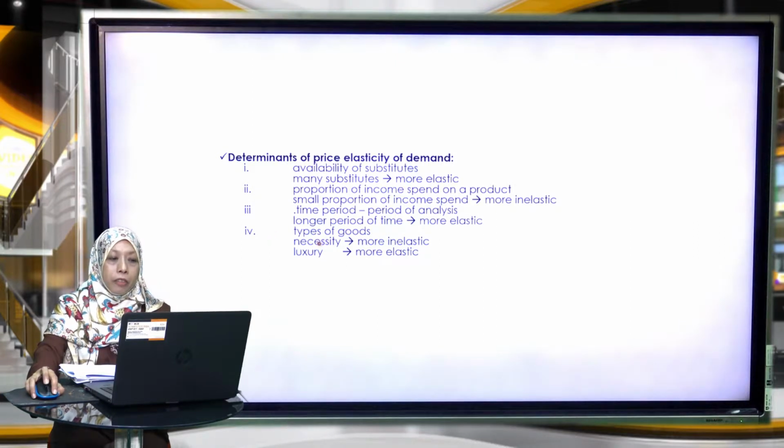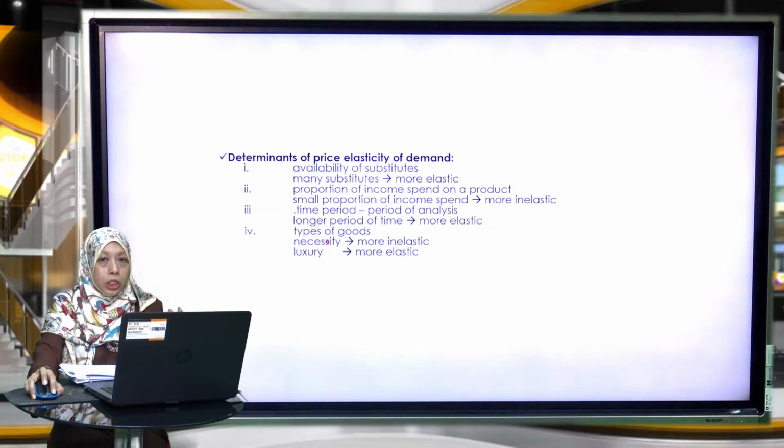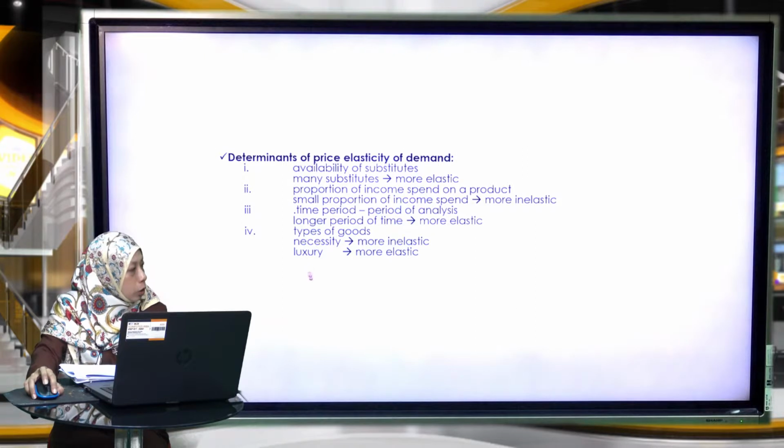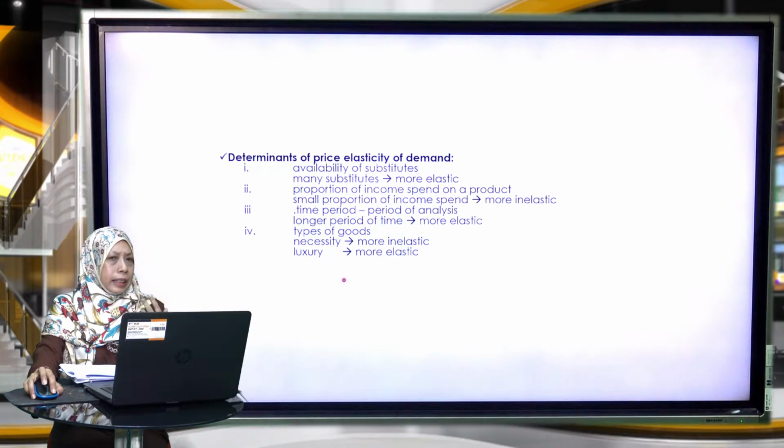Now the last factor that I would like to highlight is the type of good. The type of good also affects the degree of elasticity. If the product is a necessity, meaning that you need to consume it in order to survive, then even though the price changes, it wouldn't affect your quantity demanded that much. But if the product is a luxury product, it is kind of expensive and not essential for you to survive.